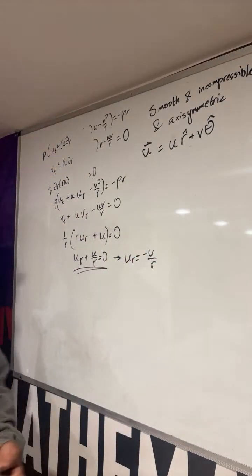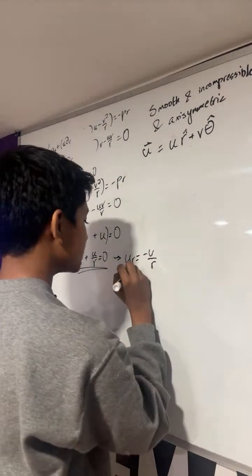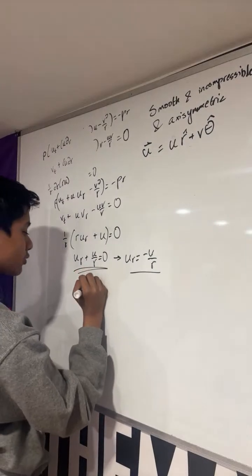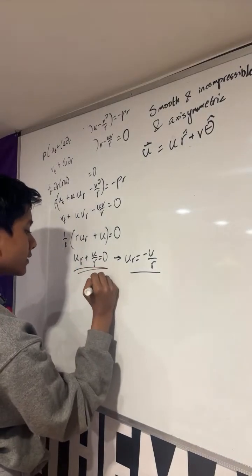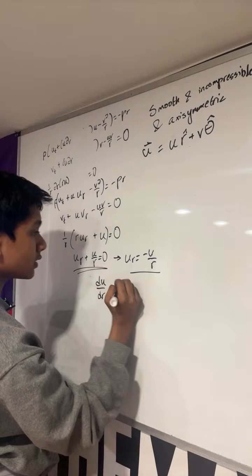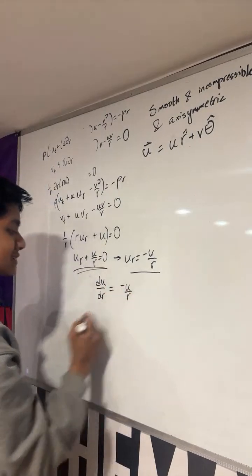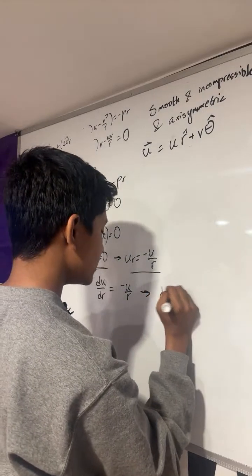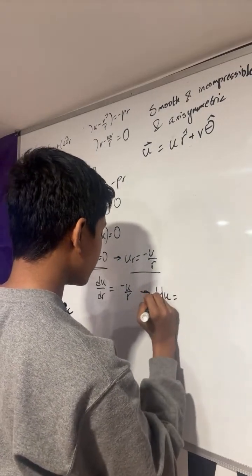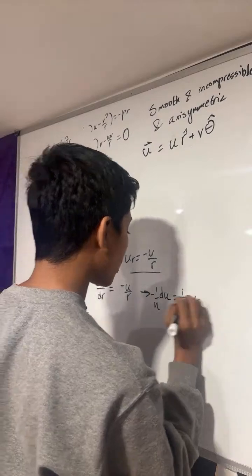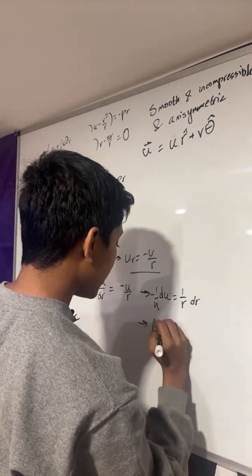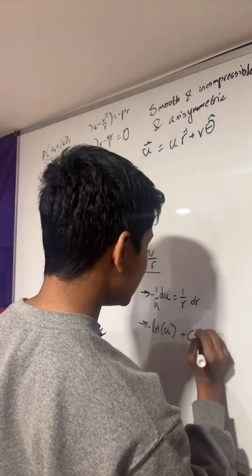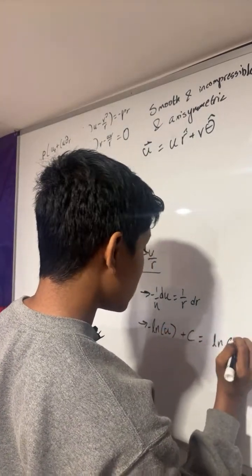Well, technically, we still don't know because this only involves r and not t. So by separation of variables, you can write it like this since we're not concerned with the part that's dependent on t. So you get du over u is equal to minus 1 over r dr. And so ln of u plus c is equal to minus ln r.